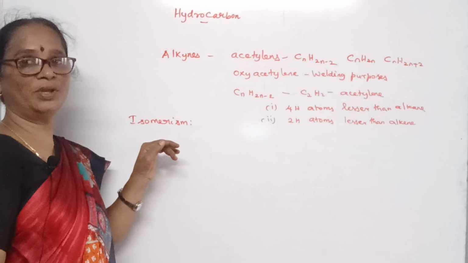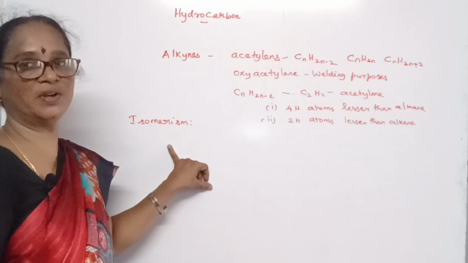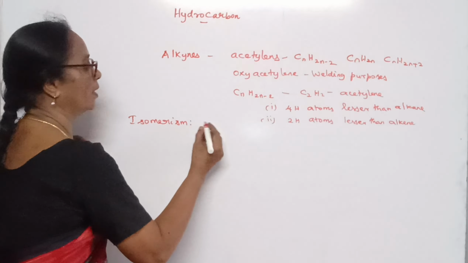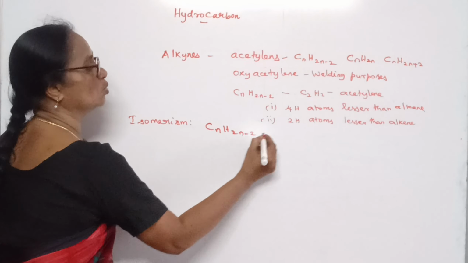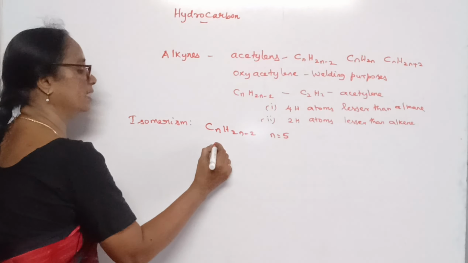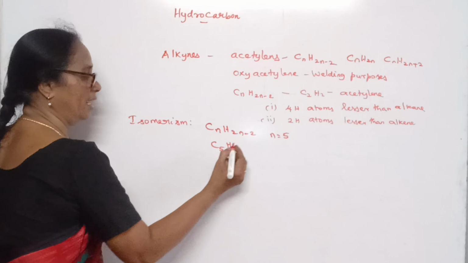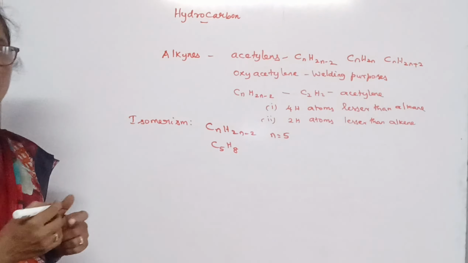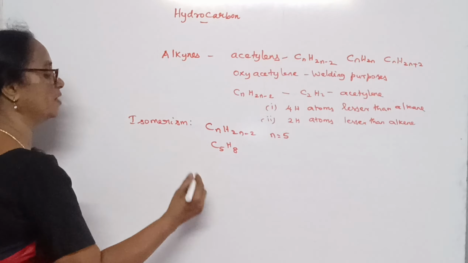In such a way we can name the derivatives, the successive members of the homologous series of alkynes. Let us see isomerism: same molecular formula but different structural formula. CnH2n-2 where n equals 5 carbons. So let us write C5H(10-2), 8. So we are getting C5H8. For this C5H8, let us write the different isomers.